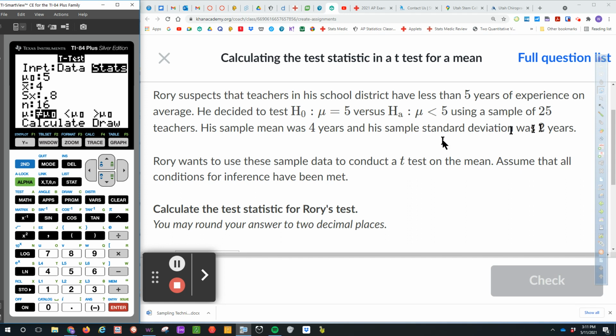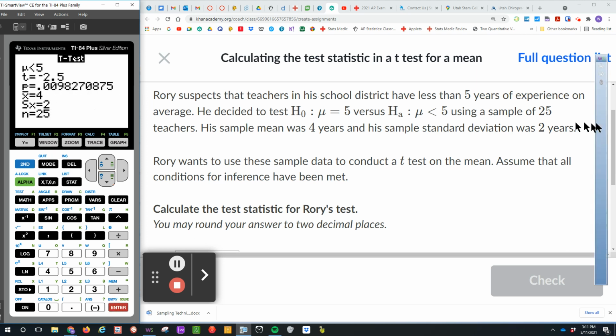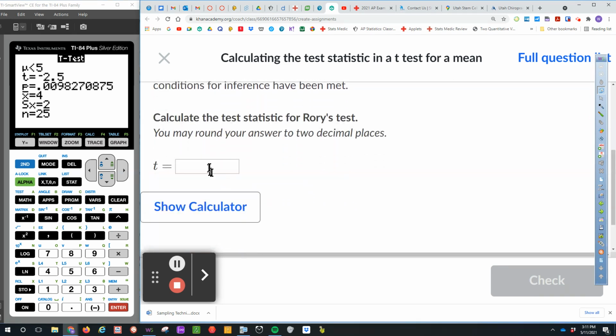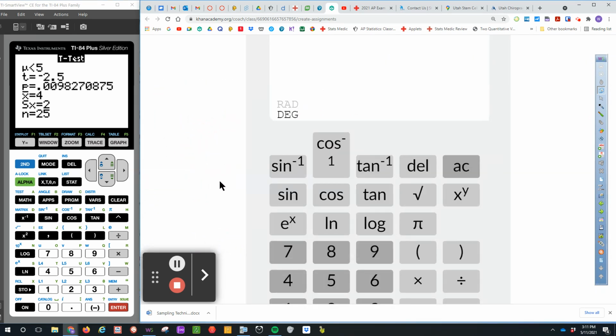Sample standard deviation is 2, and we have 25 teachers in the sample size, and we are using less than, right? Here it says less than 5. We're just going to pick the middle one, and then we pick calculate. Ladies and gentlemen, the t statistic is negative 2.5.